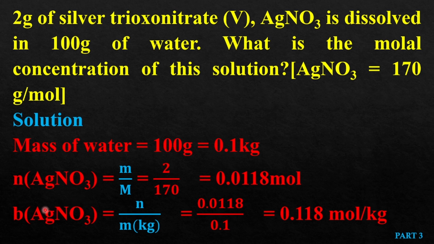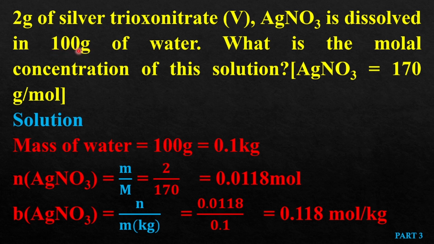So finally, we move to our molarity, which is B is equal to n over mass in kg. So we have the mole, which is obtained from here. It is 0.0118 divided by 0.1. Why 0.1? We said that this mass here is supposed to be in kg.